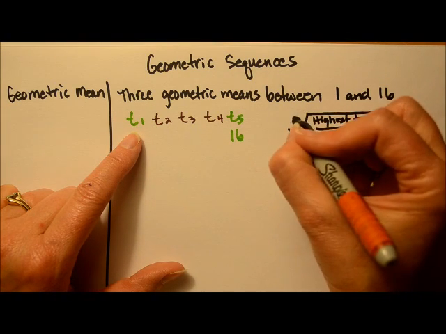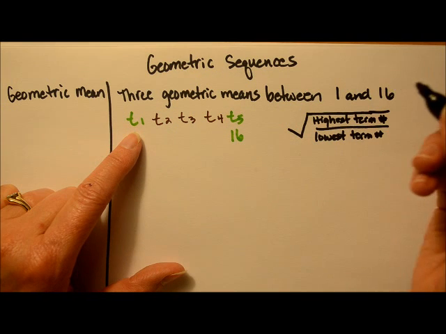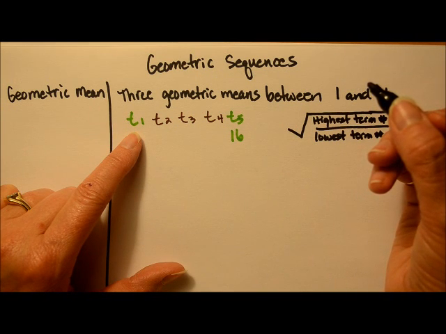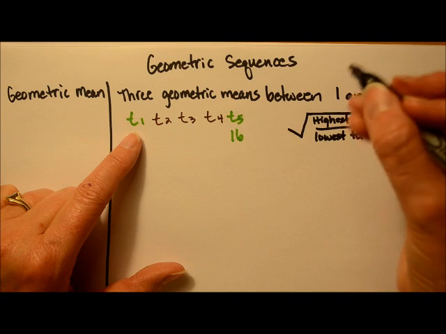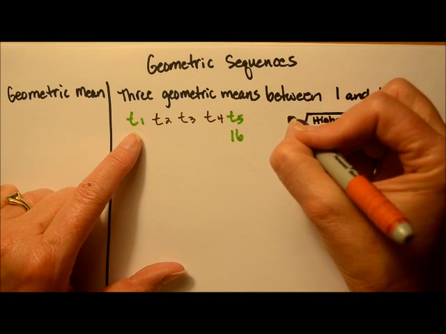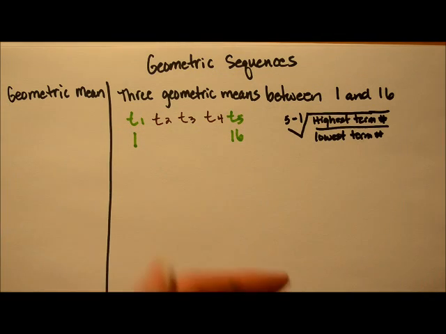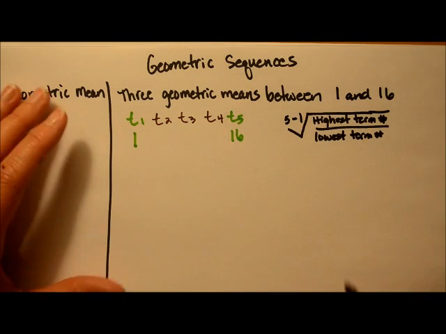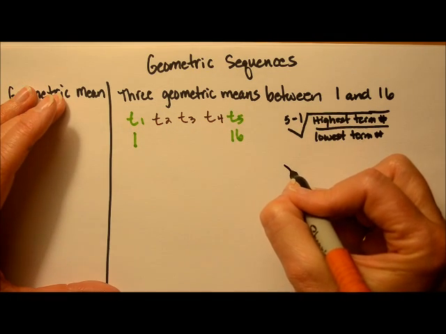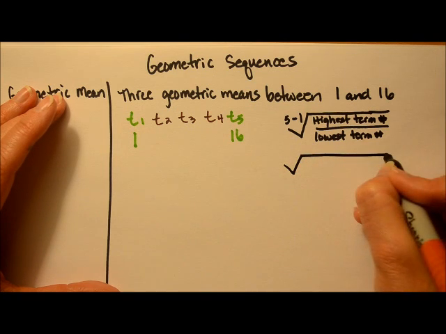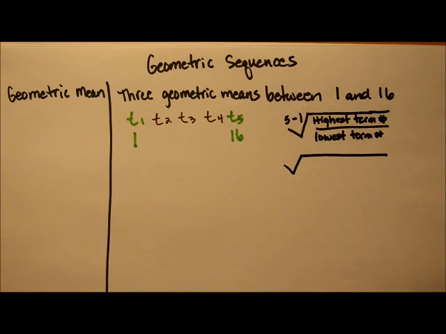Okay. Trying to think of how to write that generically here. I'm just going to write 5 minus 1 for lack of a better thing to tell you, because that's the only way I can kind of zero in on that. So what you're going to do here then is, here, what if I do it like this?